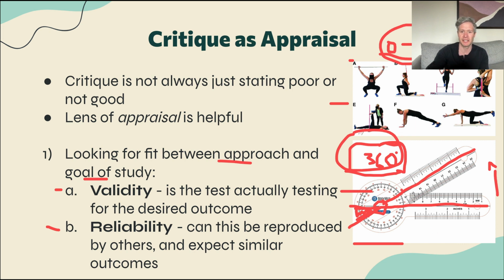I would potentially argue the goniometer. And then what's more reliable? I would say, well, if we're looking for inter-rater or between-rater reliability, FMS is probably more reliable as far as its accuracy between measures, between people. Okay, so as an example of both.